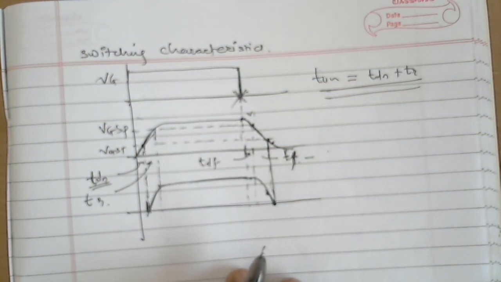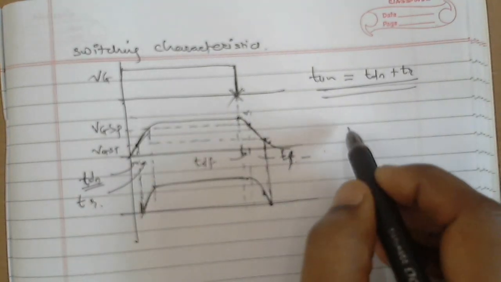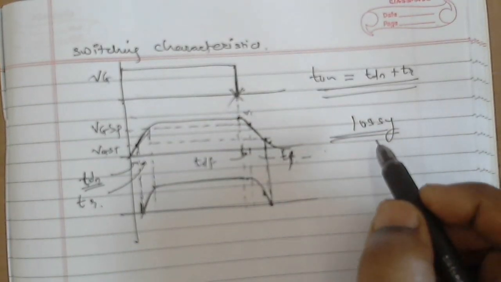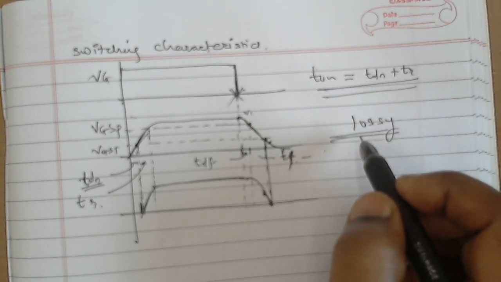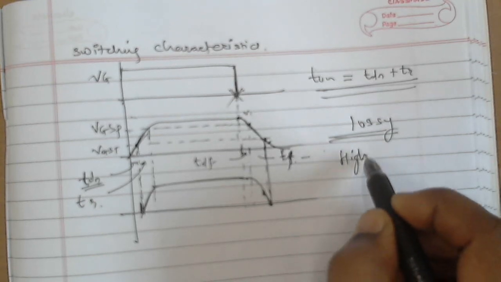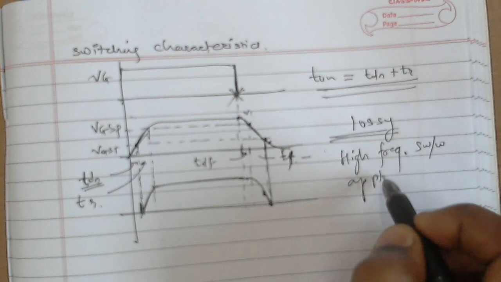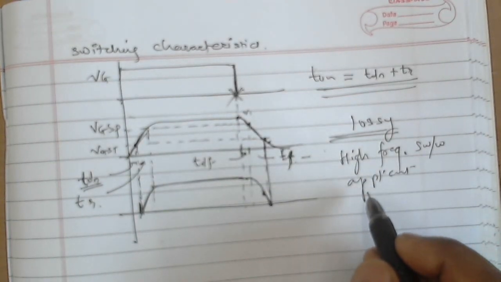Now what are the different applications of the MOSFET? As you know, the on-state resistance of a MOSFET increases with voltage rating. This device is a bit lossy at high current applications, due to which its major application is in high frequency switching applications, varying from a few watts to kilowatts.